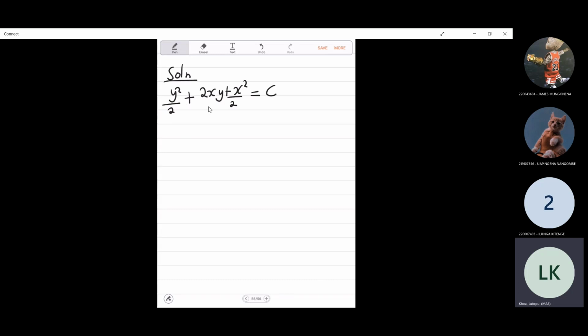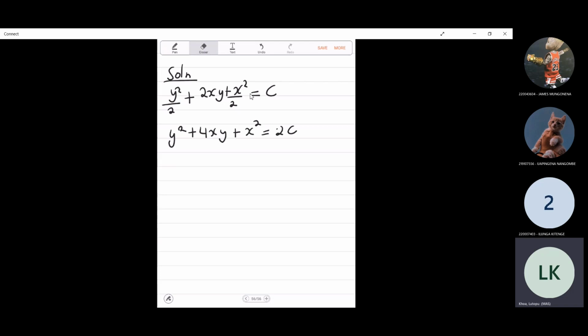And just like we were doing yesterday, I noticed a lot of the solutions in the book are made to look nice. So you can multiply everything by 2, so you don't have any fractions. So you have y squared plus 4xy plus x squared, and then here 2c is a constant.